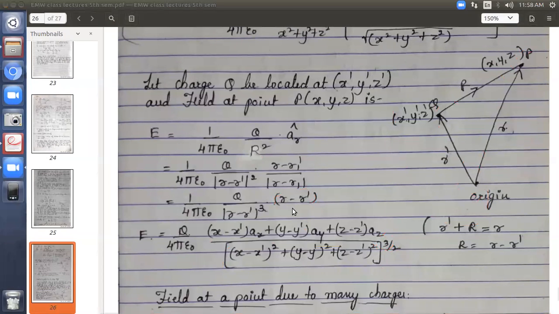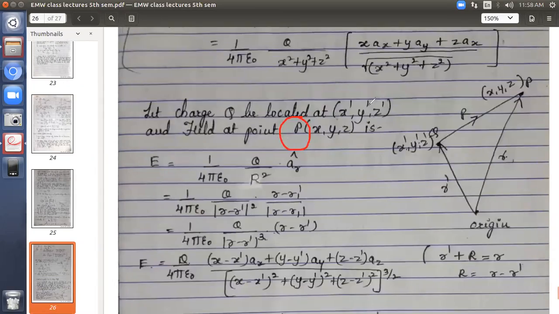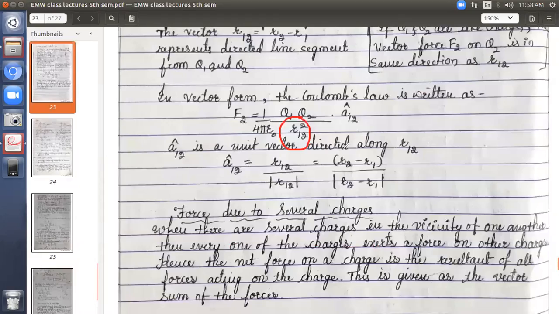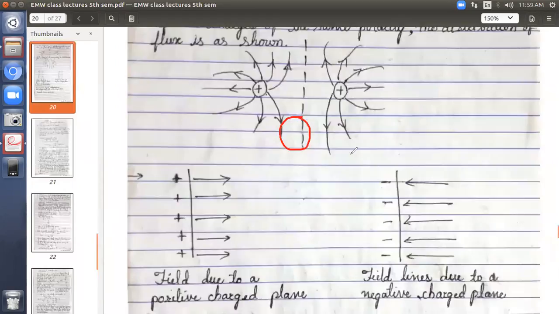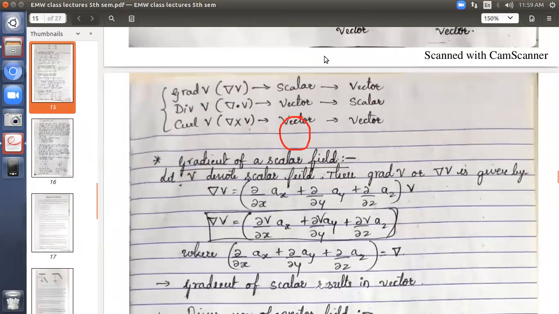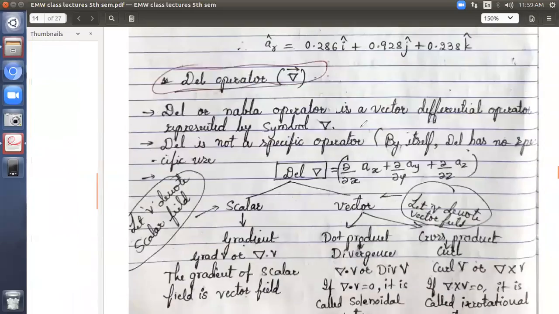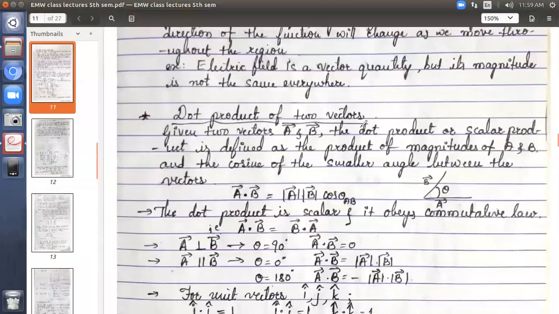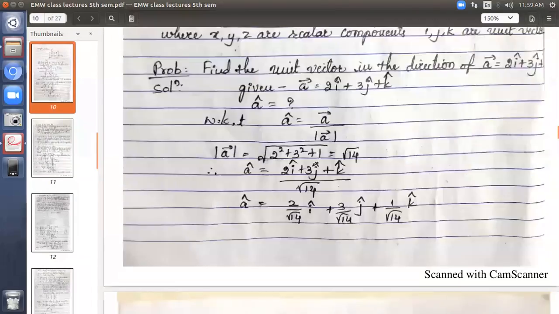Now, how to take the unit vector aR. Unit vector in general, please go through the previous session. Let me go back and show you how to find the unit vector. That's why the basics should be good.